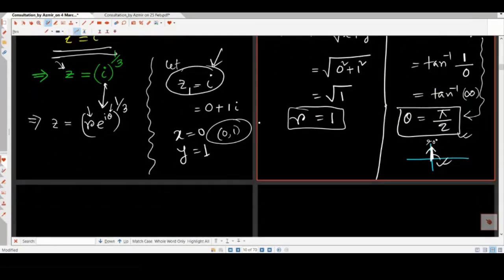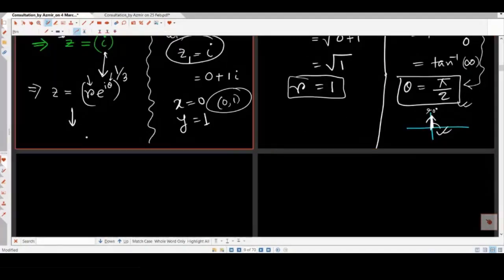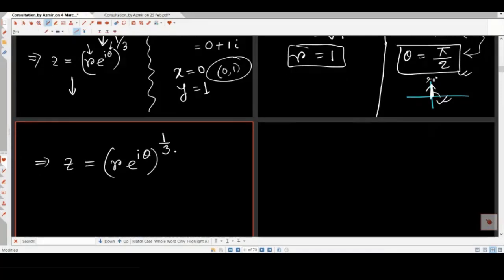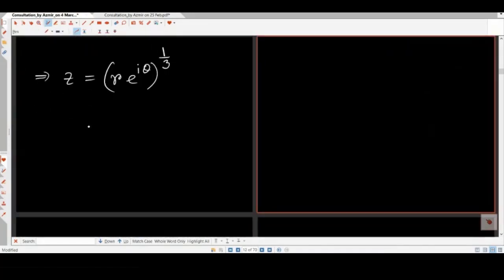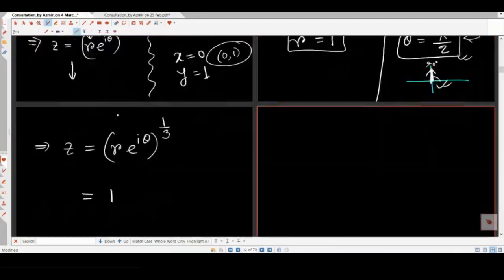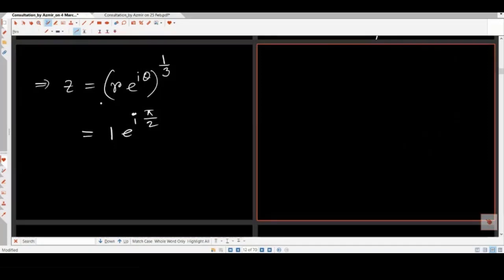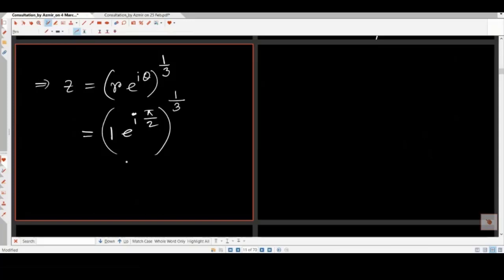Now we have found the argument theta and the modulus. From this step, we can write z equals (r e to the power i theta) to the power 1 over 3. Here r is 1, or the modulus is 1, then i theta is i pi by 2, and we have the exponent, or power, as 1 over 3.